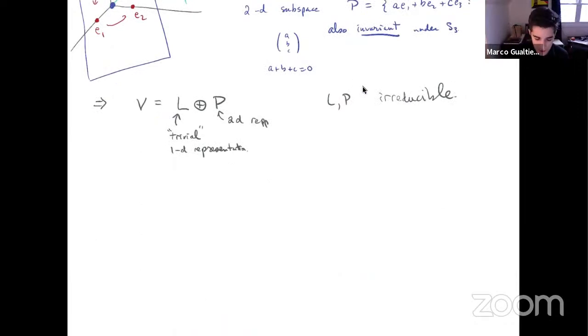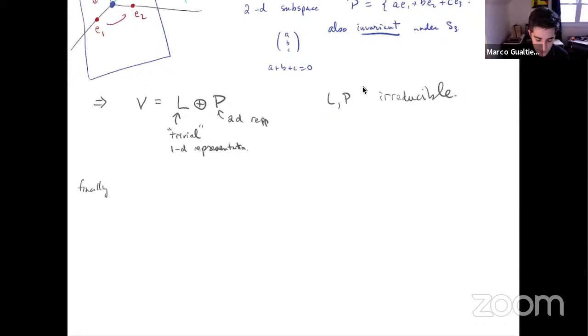The last thing I want to say, finally, in this example, is that there's an easy way to define an inner product, a Hermitian inner product. Namely, you just inherit it from the complex numbers themselves.